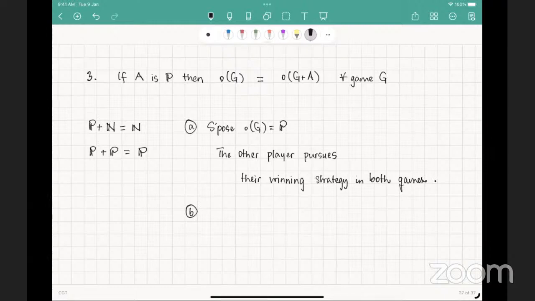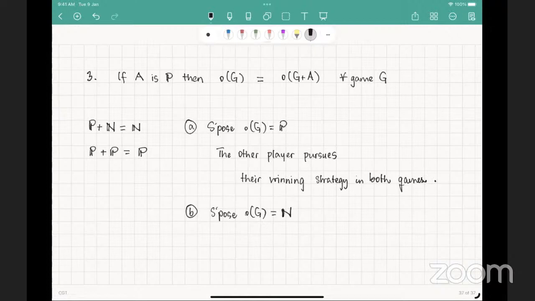But now let's say that the outcome class of G is N. And now what do we want to say? We want to say that an N plus P is an N, which means that we want to find a P child, right?